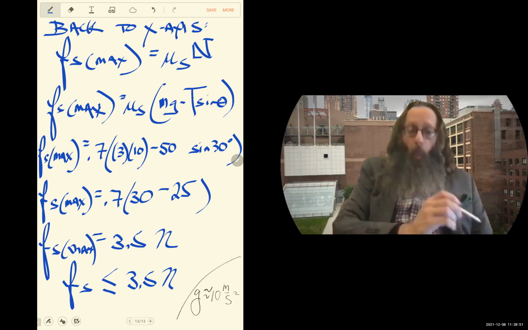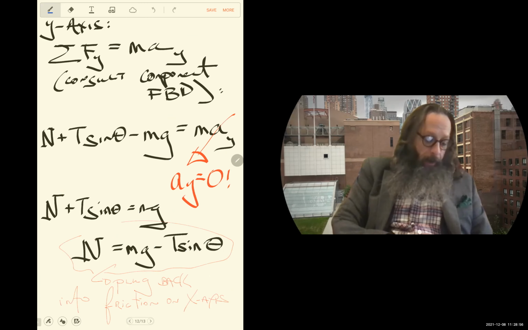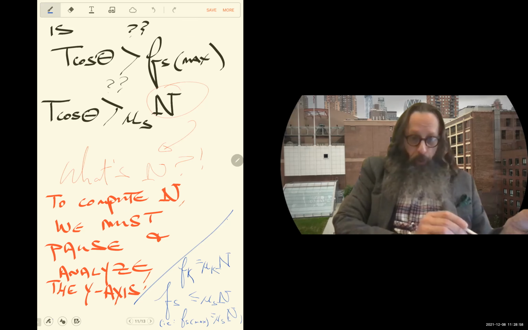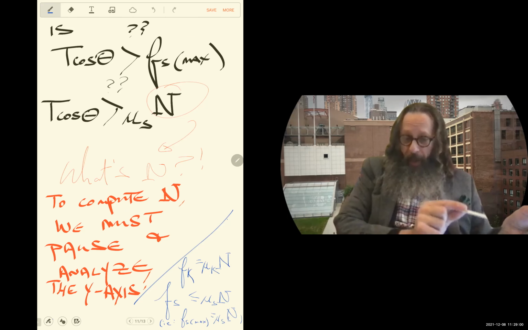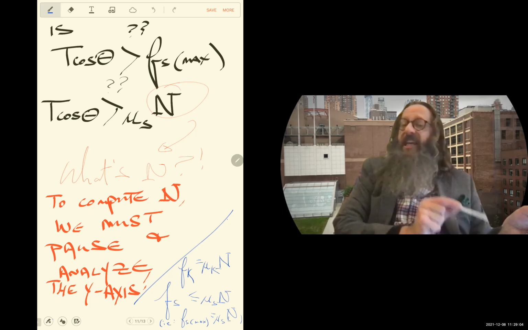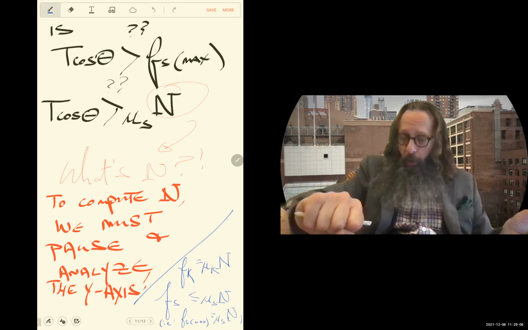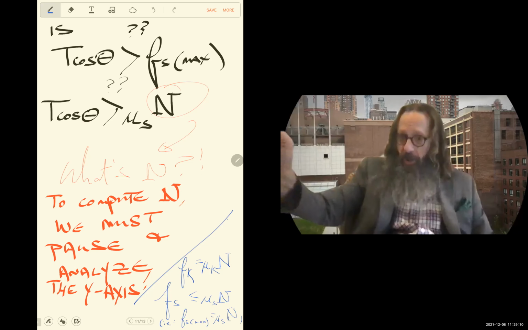That's the question. What do we compare this to? What we've been saying in the prior pages, we're trying to compare mu S times the normal that we just figured out, F S max, which we just figured out to be 3.5 newtons. We're trying to compare that to T cosine theta, the horizontal component of the tension.